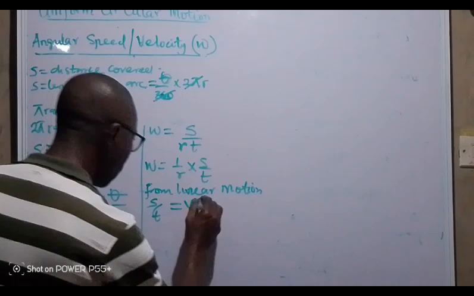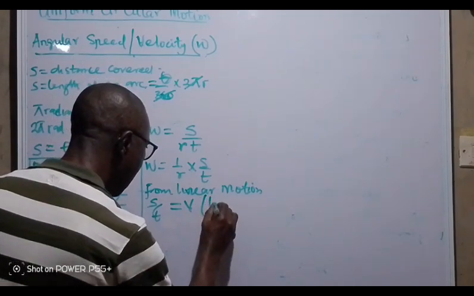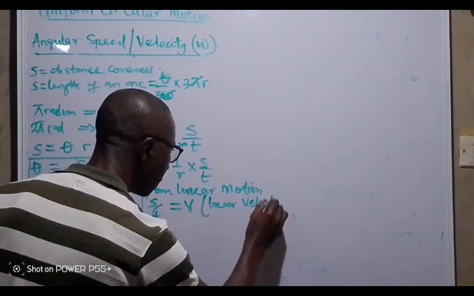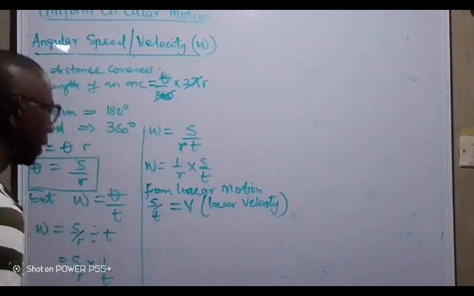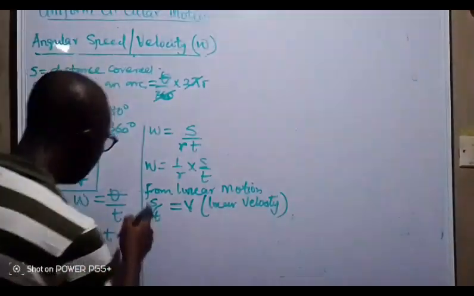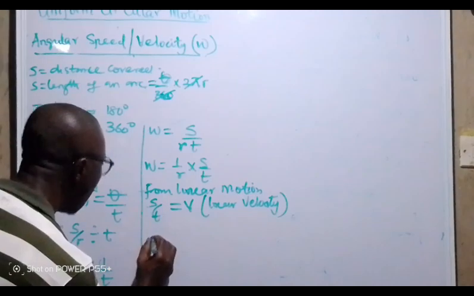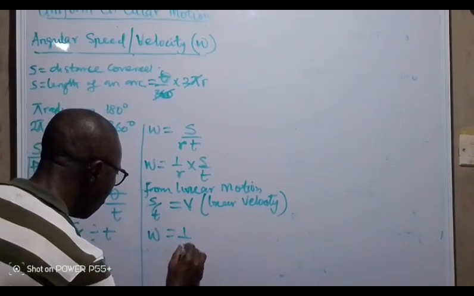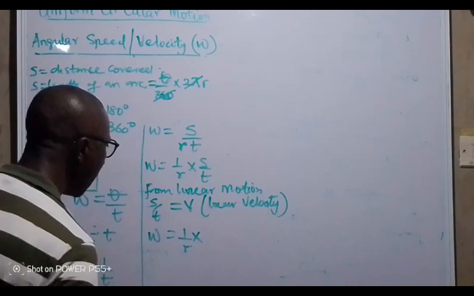That is linear velocity. If that is the case, remove S over T, put V. We are going to have omega is equal to 1 over R multiplied by V.